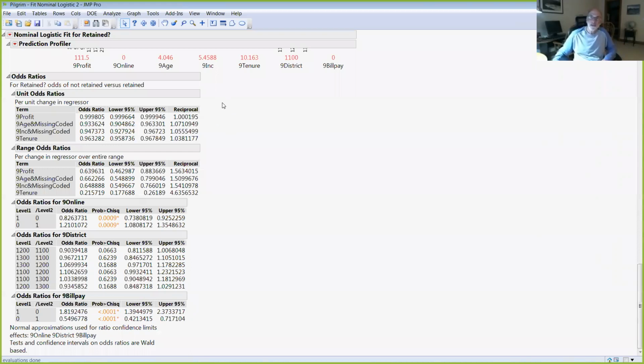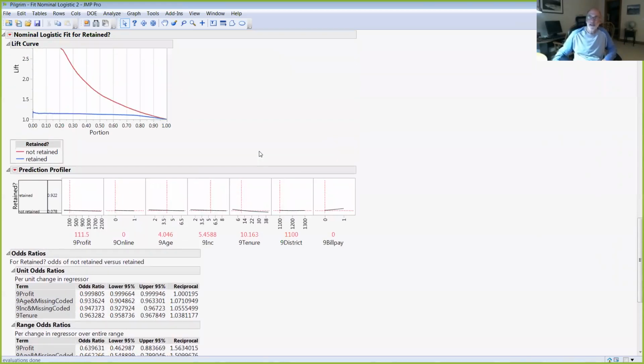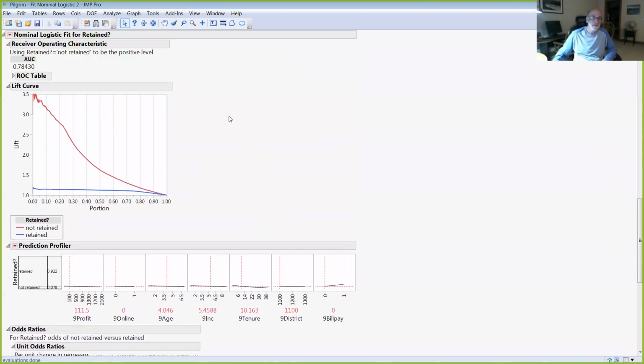So logistic regression, a very popular technique, gives you quite a lot of interpretable information. The one thing you would want to check, though, is whether it's doing a better job than if you used a decision tree or a random forest. And we'll get to that after we add in a few more techniques that we can compare.